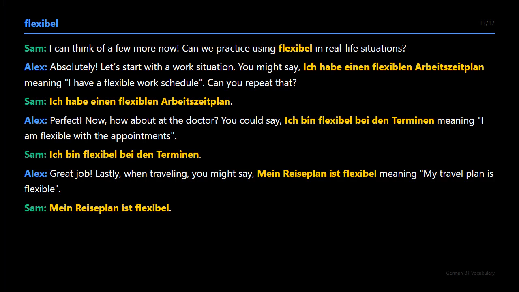Ich bin flexibel bei den Terminen. Great job. Lastly, when traveling, you might say, Mein Reiseplan ist flexibel, meaning my travel plan is flexible. Mein Reiseplan ist flexibel.